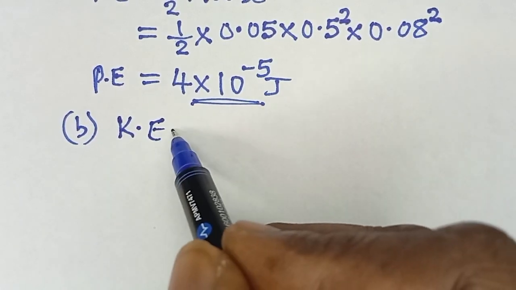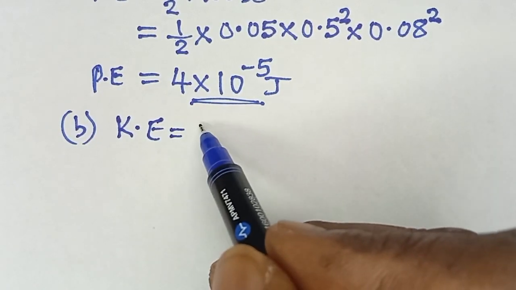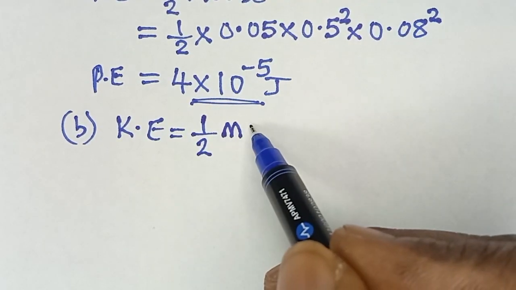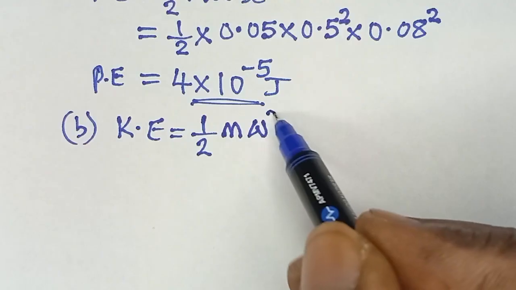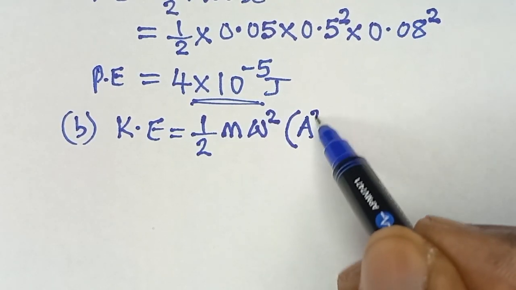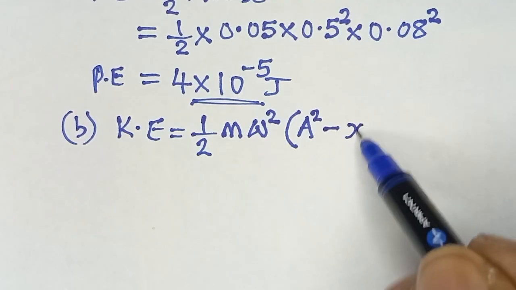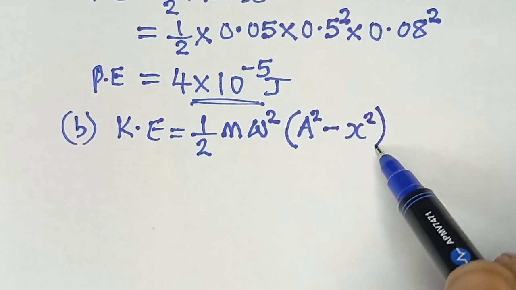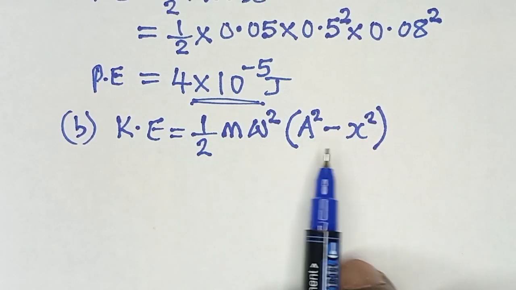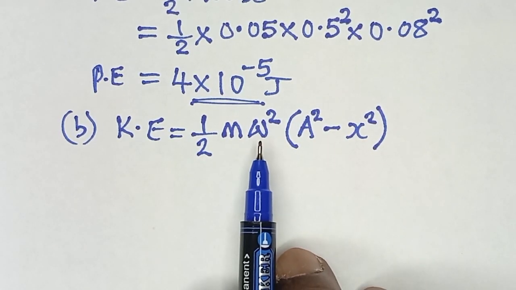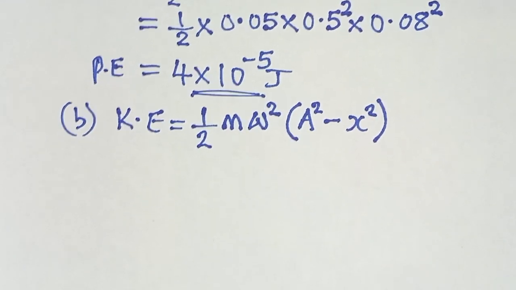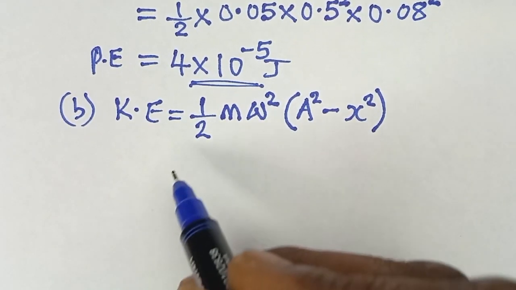It is KE is equal to half m, then you square the omega, omega squared, and then bracket open the amplitude squared minus x squared. So this is the formula to calculate the kinetic energy in terms of the angular velocity omega and then the mass.